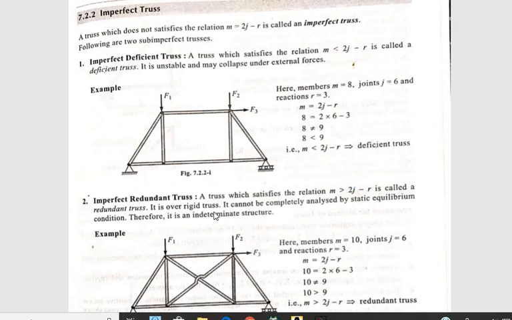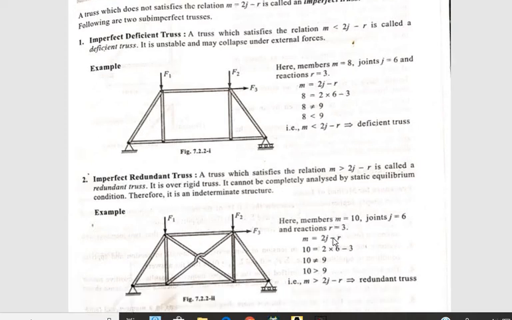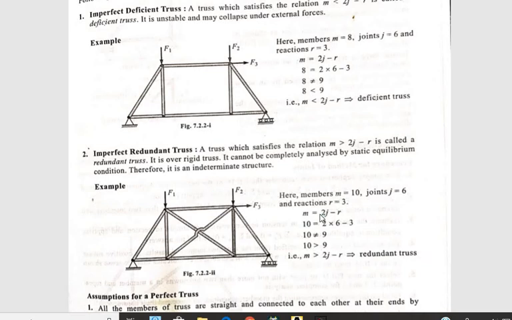So it is an over rigid truss. It cannot be completely analyzed by static equilibrium conditions. Therefore, it is an indeterminate structure. So just remember what is meant by redundant truss and how it is classified. Because indeterminate structures we are not going to analyze at this point. That is part of your higher study, higher class.